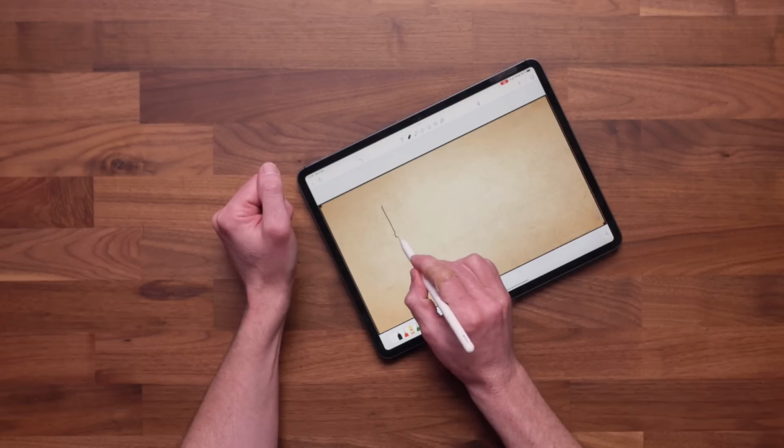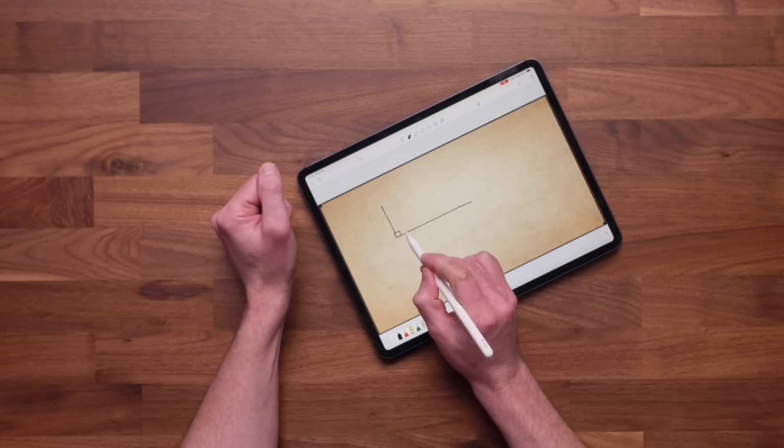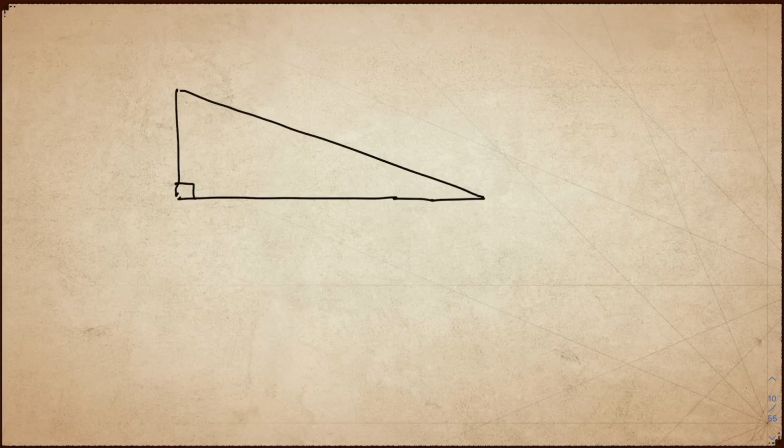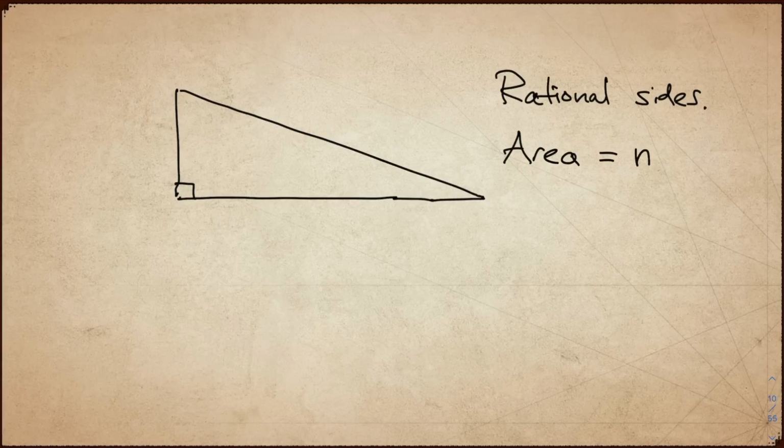This specific family is quite famous because it's related to a problem called the congruent number problem, which asks what are the integers n such that some right-angled triangle with rational sides has area n. An example.